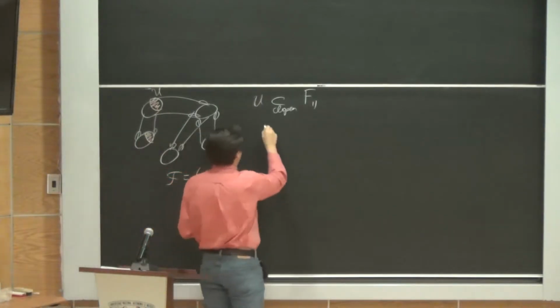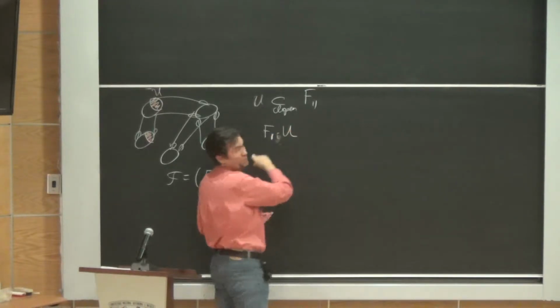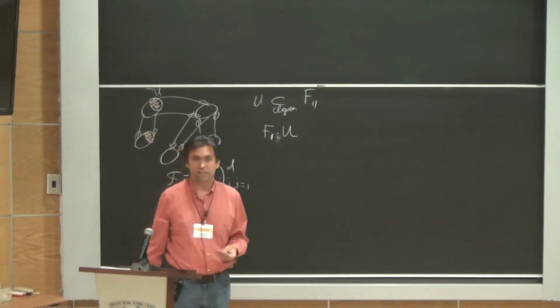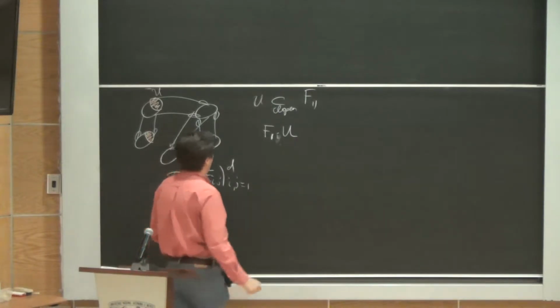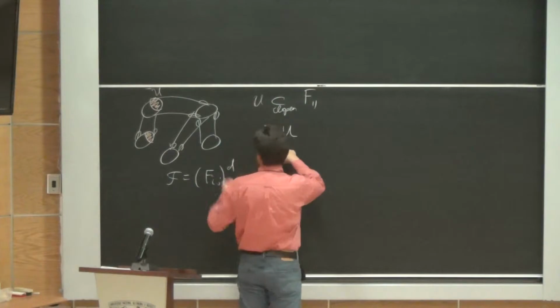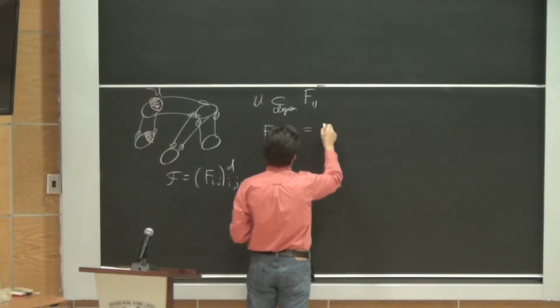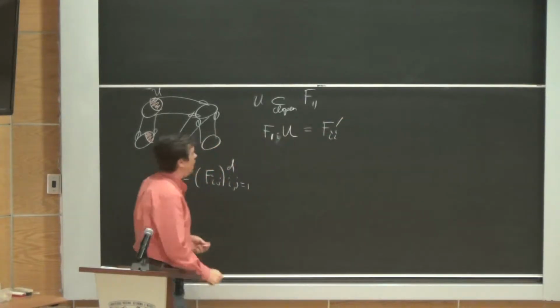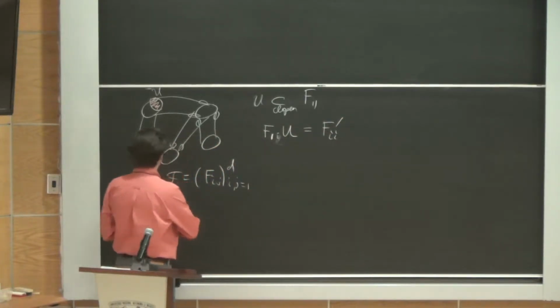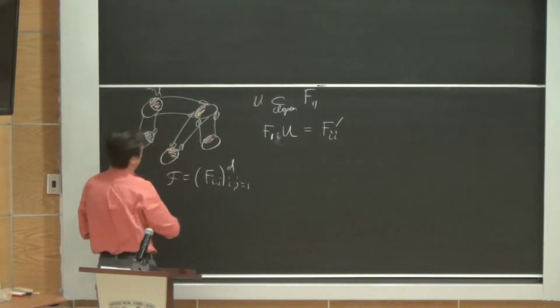So you take F_1i times U. In terms of groupoids, you can write it as times U. Actually, that's correct, there is no F of U, but more or less, it's just images. Let's call them U_i prime. So these are components of a new multisection.